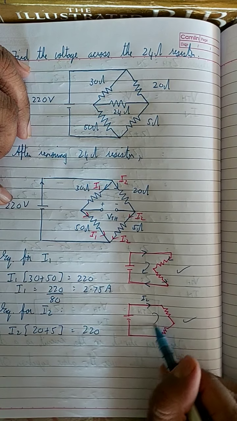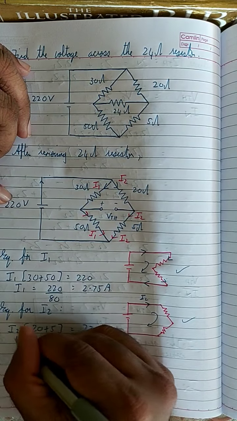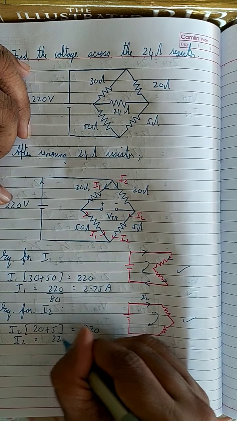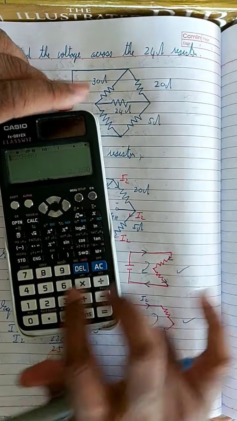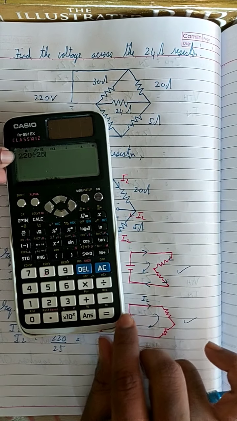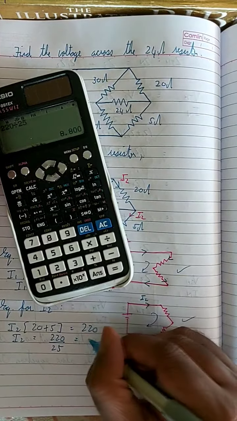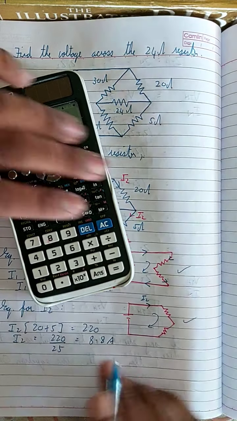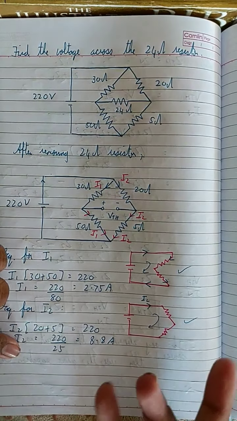I'm applying mesh analysis over here. Or in other words, I2 is equal to 220 divided by 25, which is equal to 8.8 amperes. See, I have already found the value of I1 and I have found the value of I2.